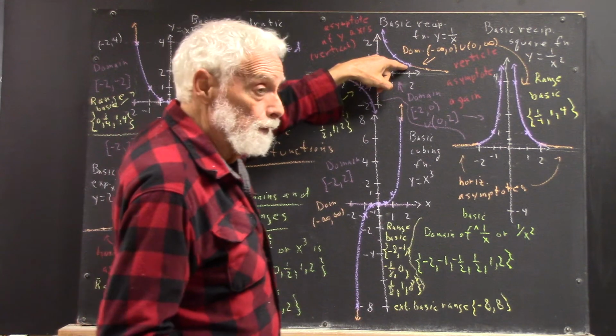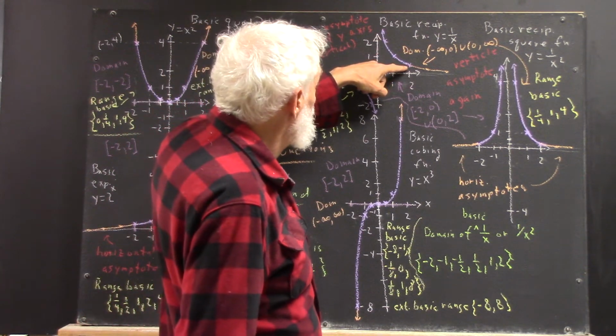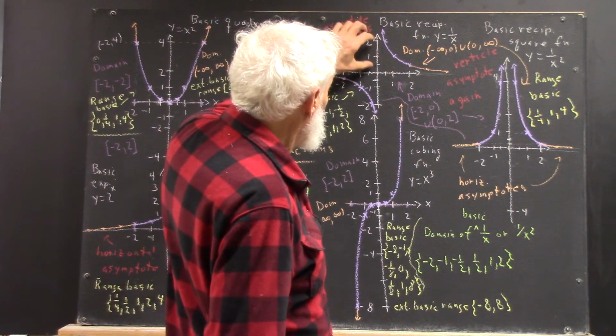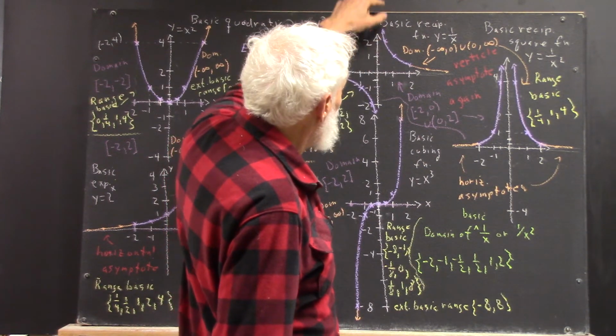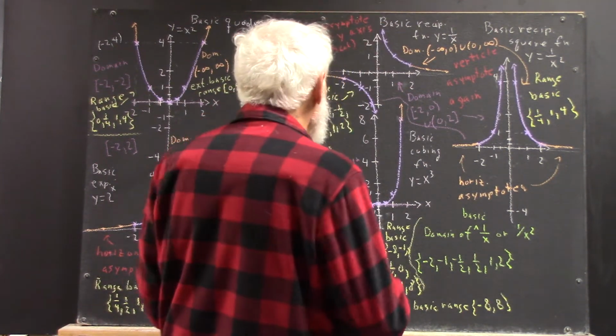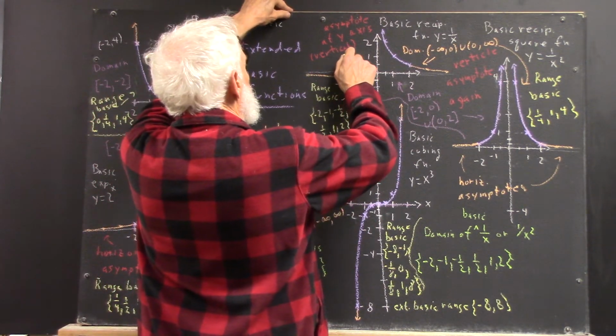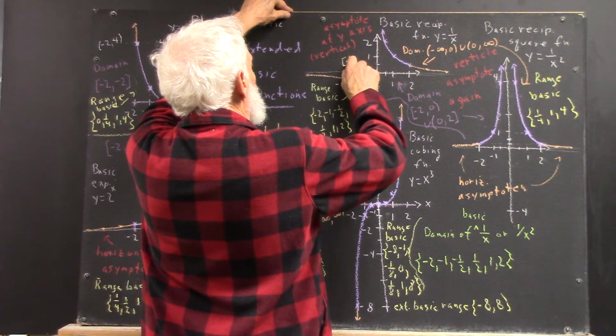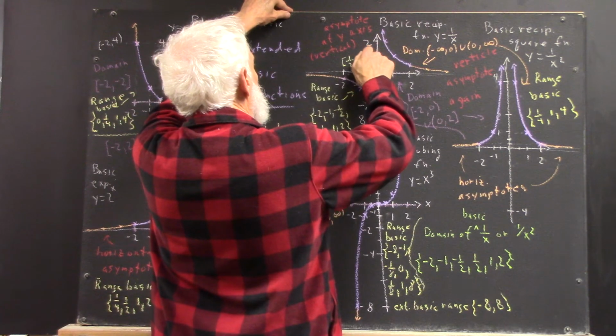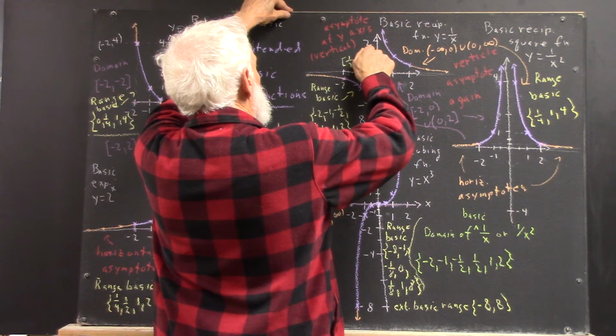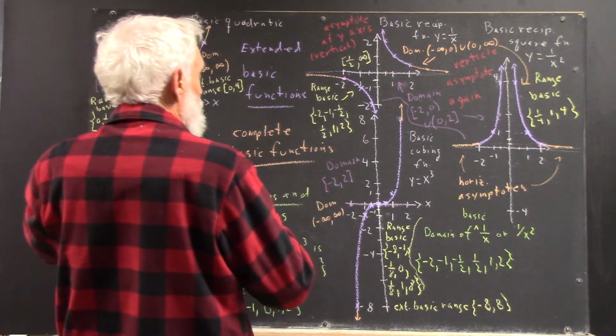Okay, for the extended basic function, again, we have 1/2, we have 1, we have 2. The y value is 1/2, 1, 2, and then all y values all the way to infinity. So one part of that is the interval from 1/2 to infinity.